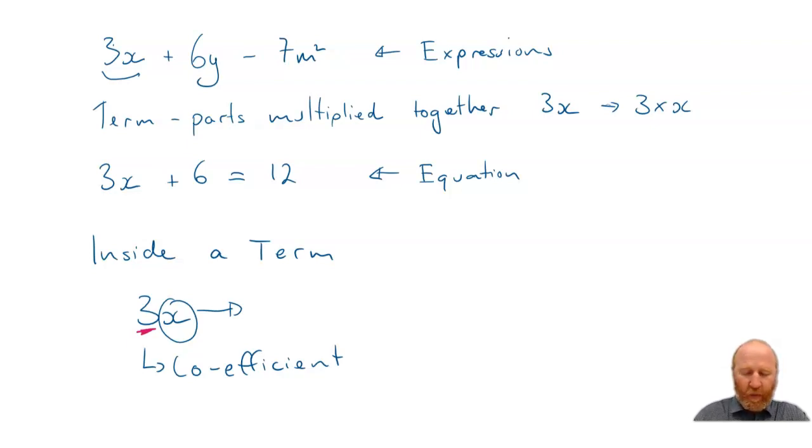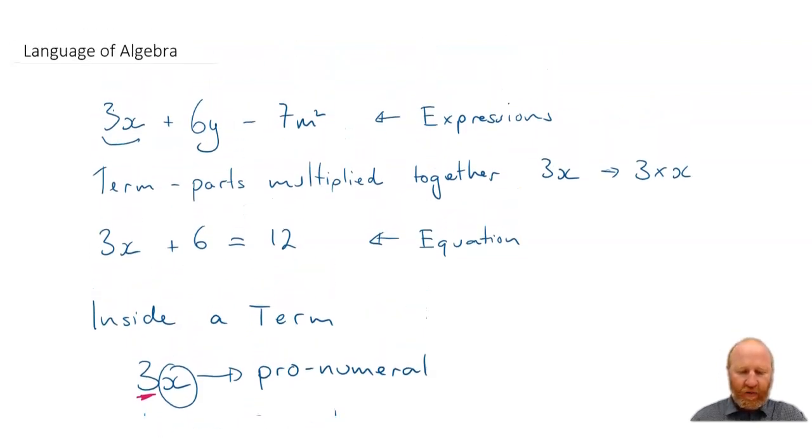So the name of that is not a letter, it's there in place of a number, and so we call it a pronumeral. Pro meaning for, numeral meaning number. It's there for a number.